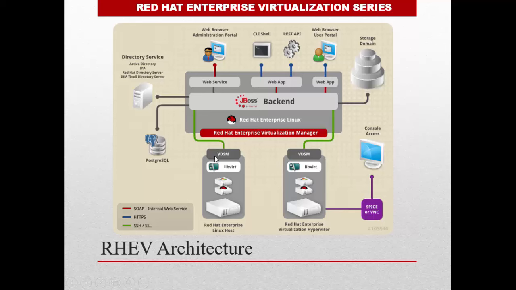VDSM will be the main component; we will talk about it in a minute. And with that, you will have the SPICE or VNC consoles for console access of your running virtual machines. So that's the main RHEV architecture.